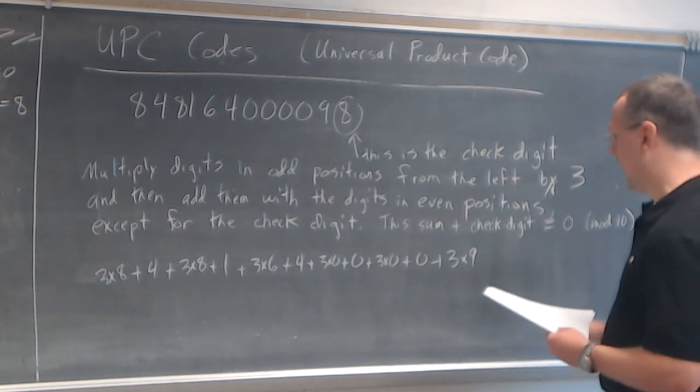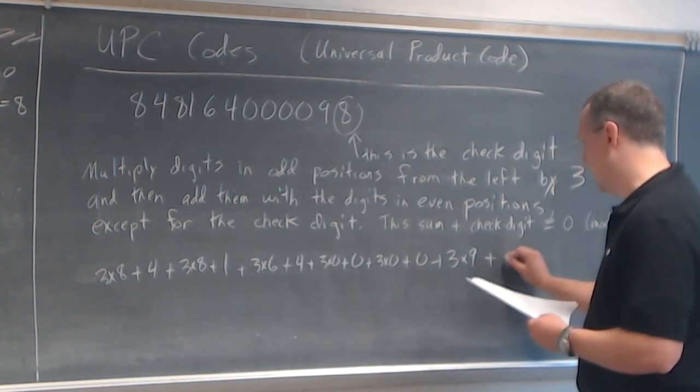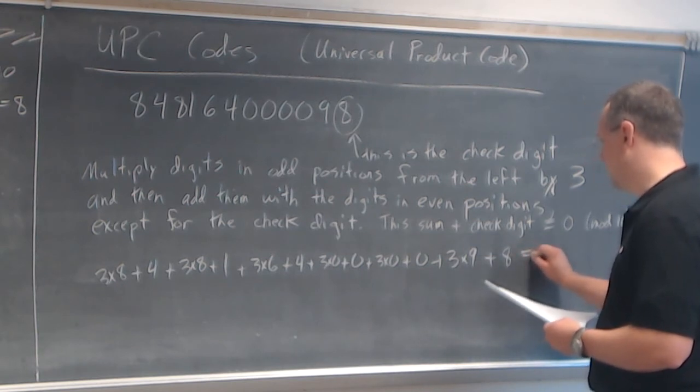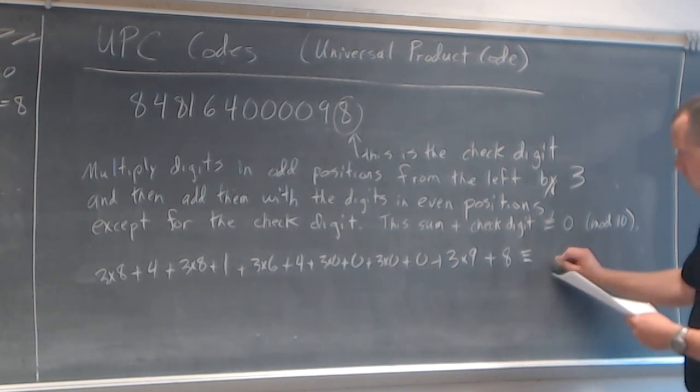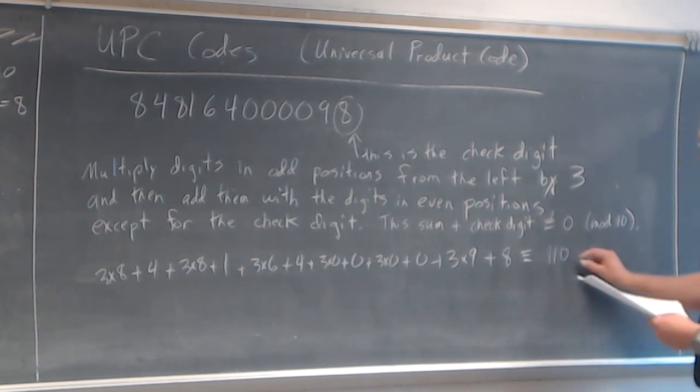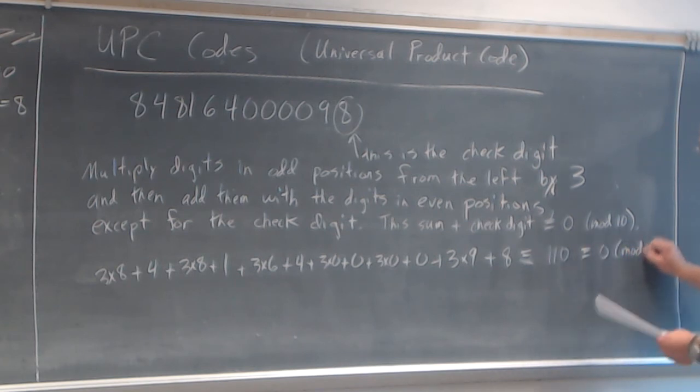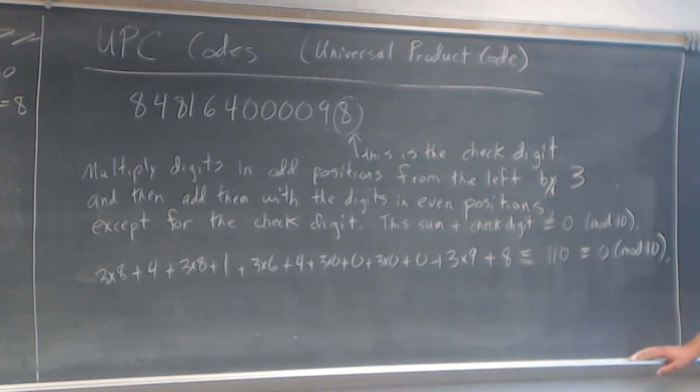And then you add 8, and that should be congruent to 0 mod 10. I get 110 when I do that, and 110 is congruent to 0 mod 10. So you've got your UPC code.